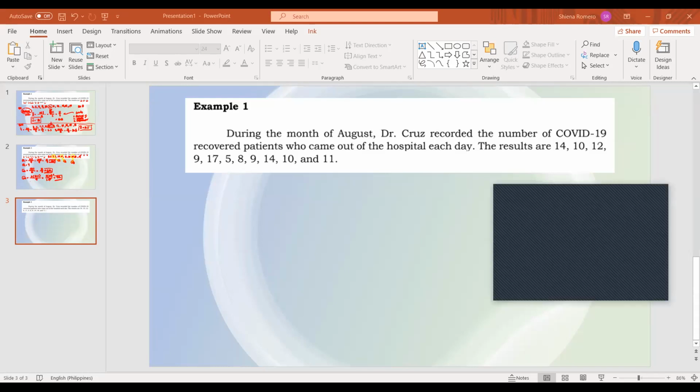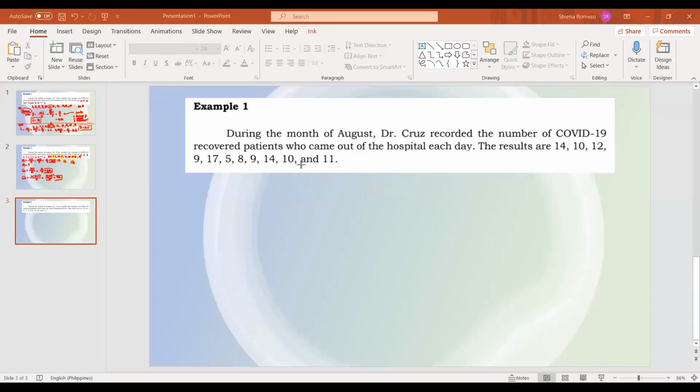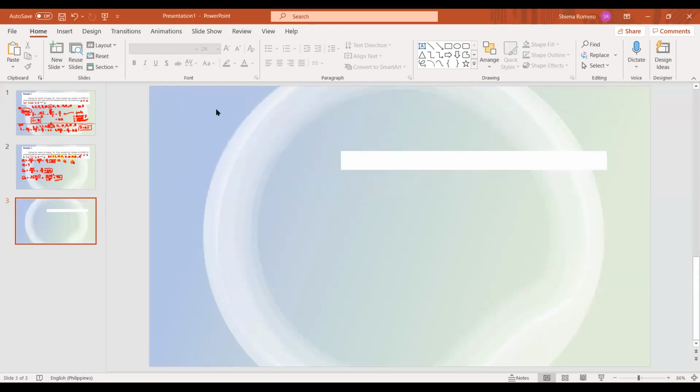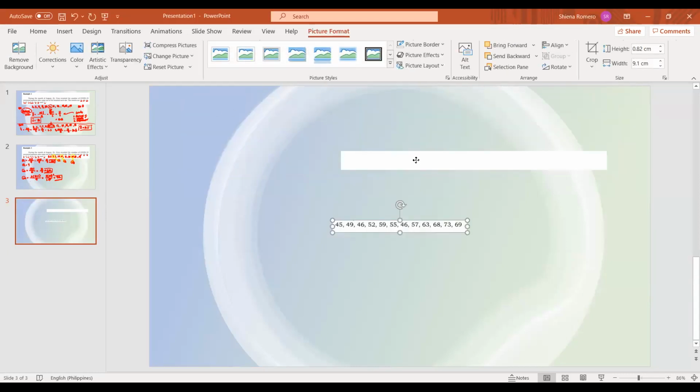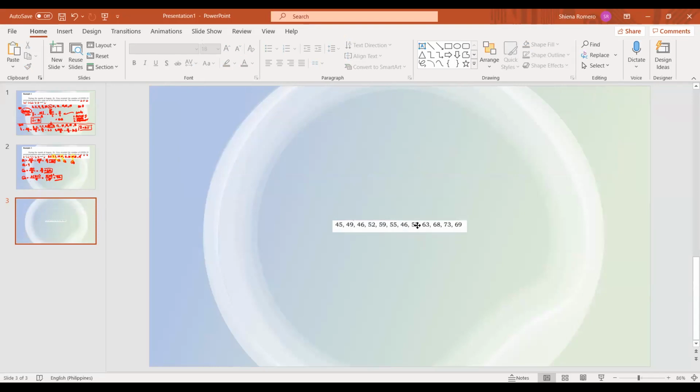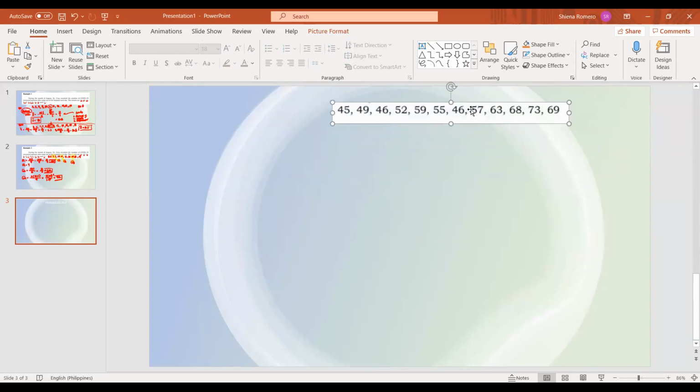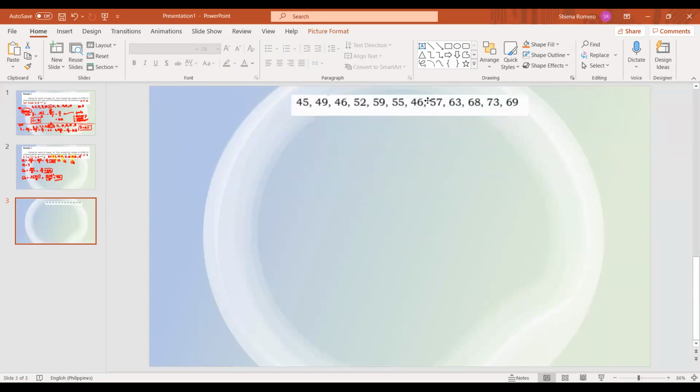So you have to find the data. We're going to use this data, which is, nakatamad kasi mag-isip ng bago eh.